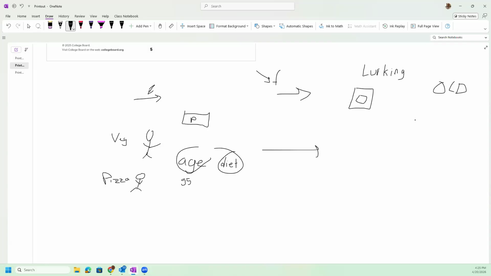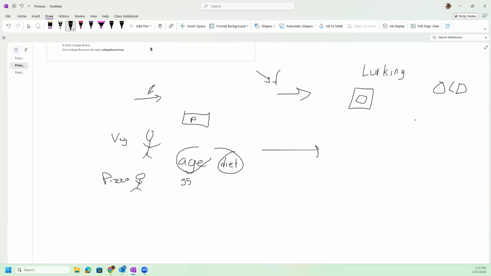It's proven. If you own more televisions, you live longer. The people who own more television sets also have a longer life expectancy. So I can now conclude that televisions lead to longer life expectancy, right? I don't think so. No.